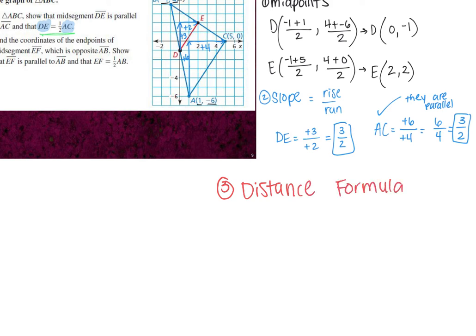The distance formula, if you remember, is DE equals the square root of x2 minus x1 squared plus y2 minus y1 squared.